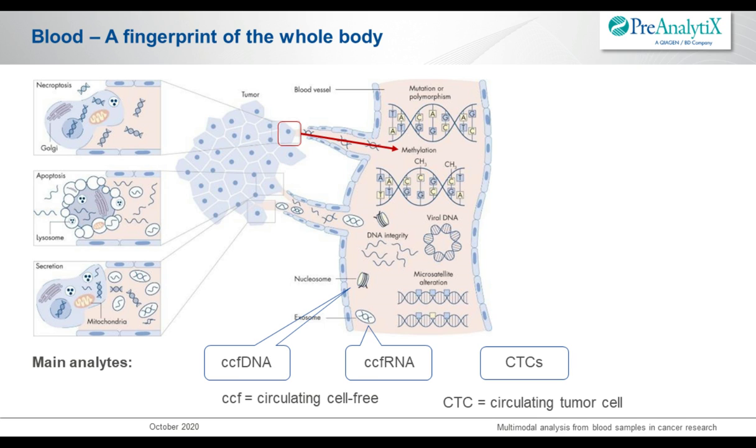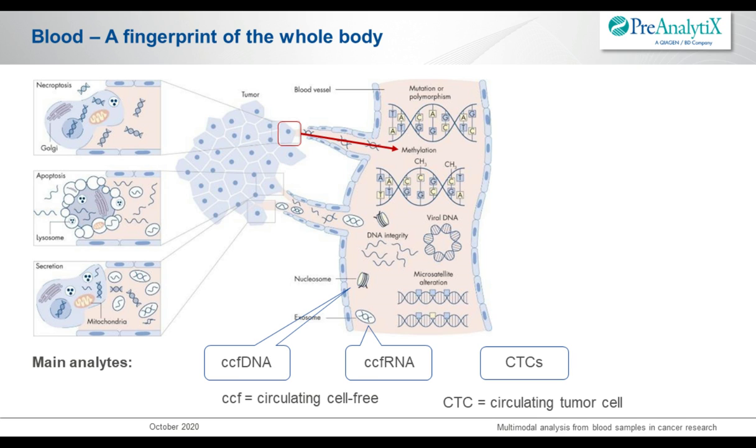So in the middle part, you see a scheme for apoptosis. So apoptosis, the regular cell death, is of course the main process that is involved in releasing compounds into the blood cells. So apoptotic processes, of course, occur in tumors as well as in every other part of the body.